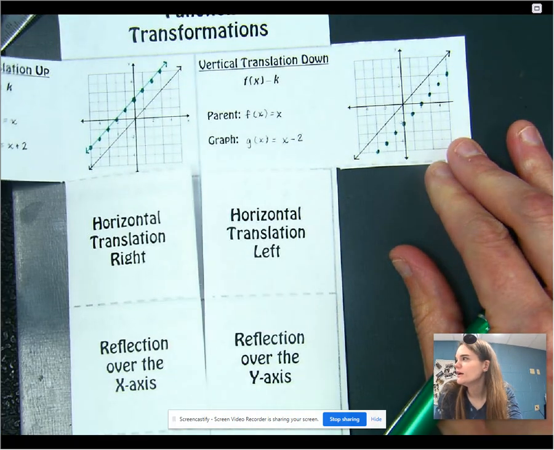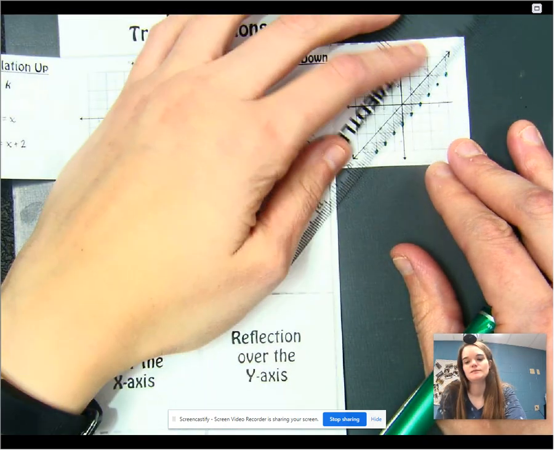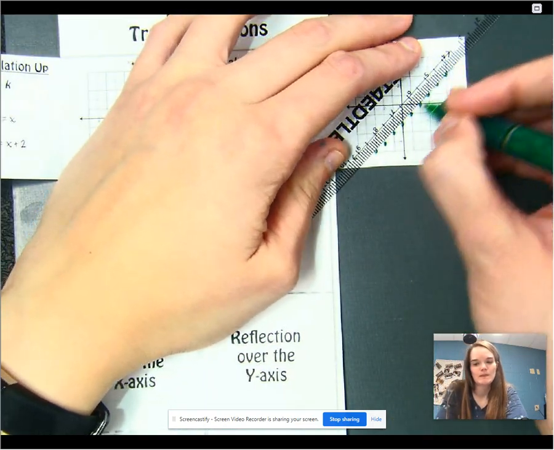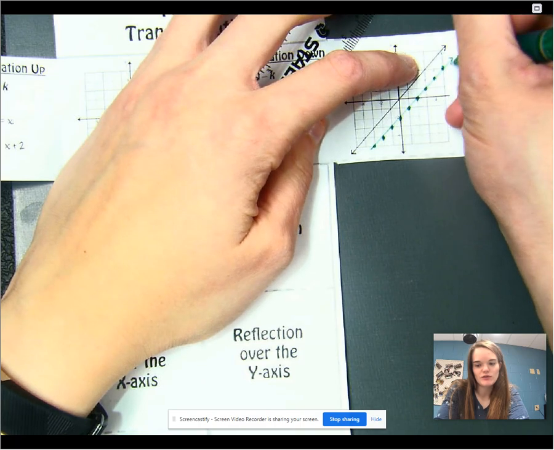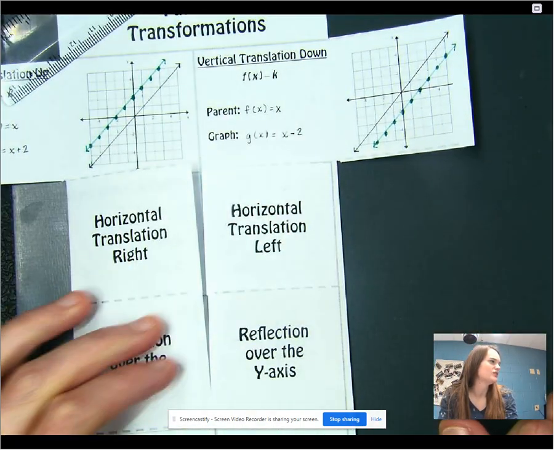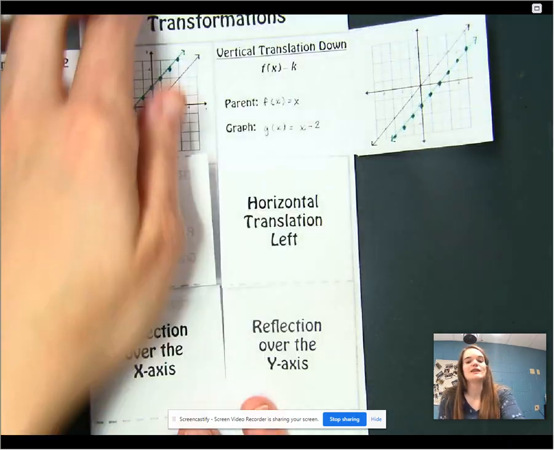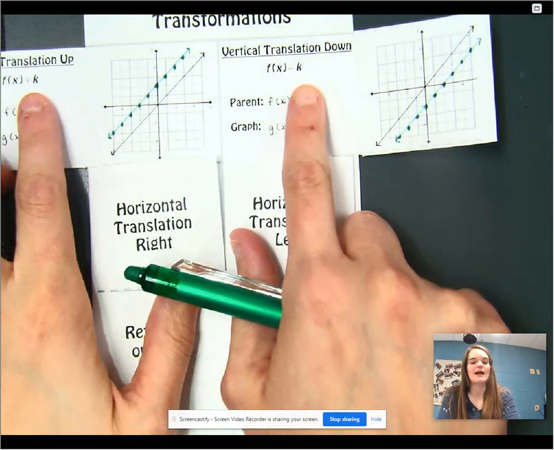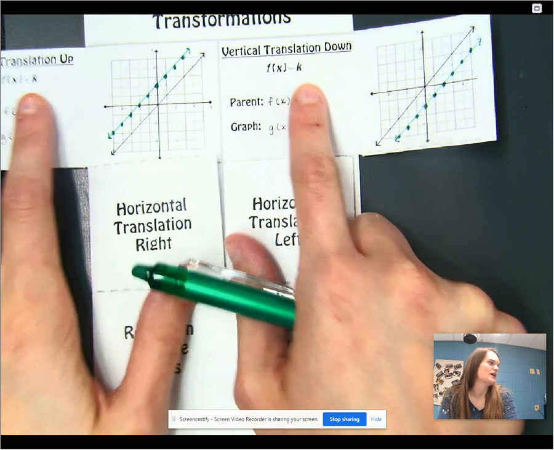Okay, then I'm going to graph it. So I moved up 2 when it was plus 2. I moved down 2 when it was minus 2. That is a vertical translation, either up or down. It is when you add or subtract a number on the outside.